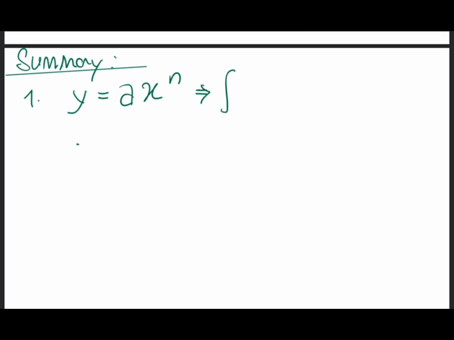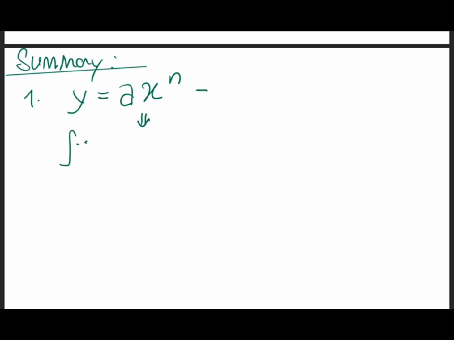So let's see a summary for this. What did we learn today? First, if we have y equals ax to the power of n, when we integrate it, we get the reverse of differentiation.